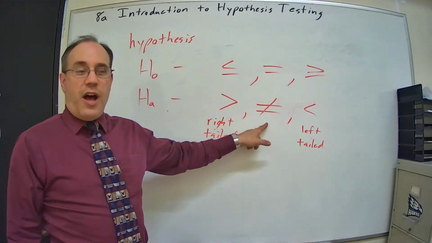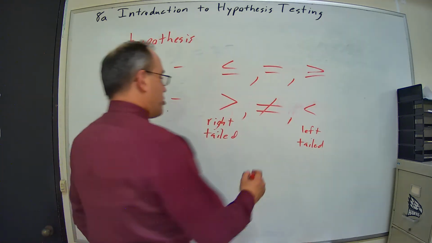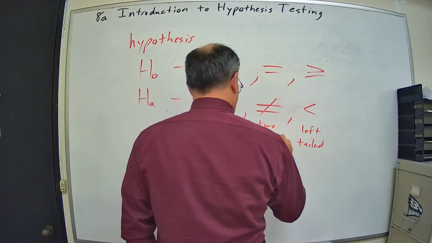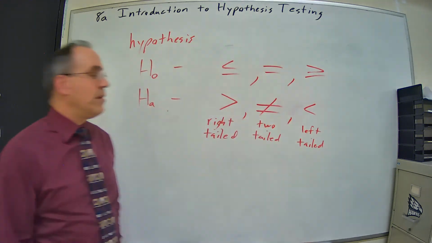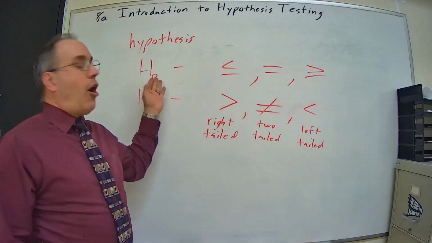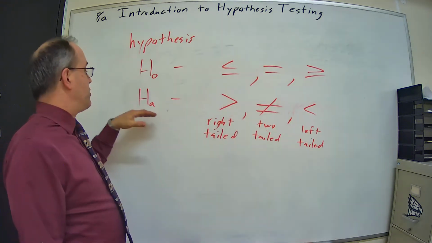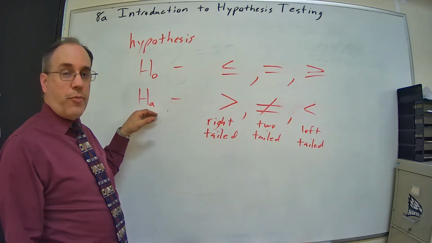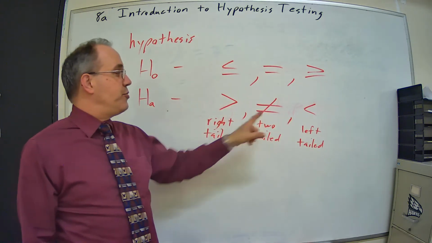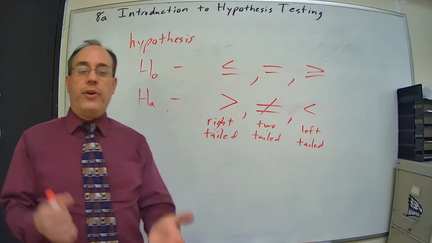And if it's not equal to, there's this slash that's cutting it into 2 pieces, so it's a two-tailed test. So we always test the null hypothesis. We use the alternative hypothesis to determine what type of test we're going to do on it, whether it's right-tailed, two-tailed, or left-tailed, and the alternative hypothesis always points the way to that.